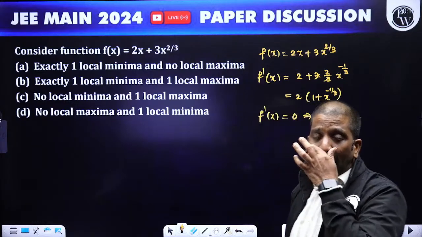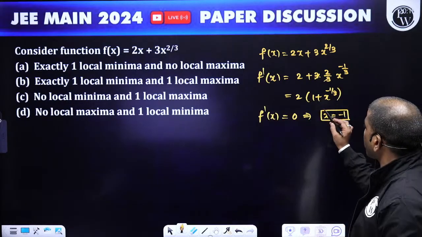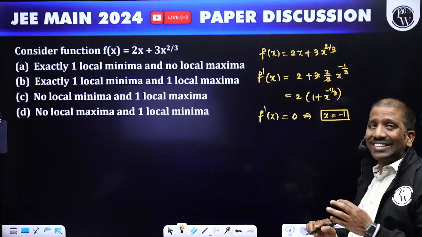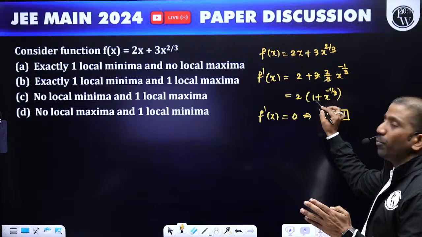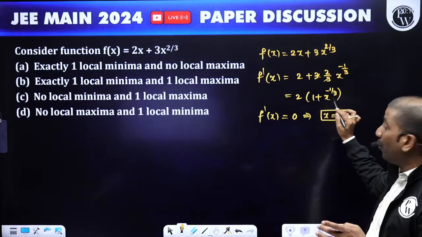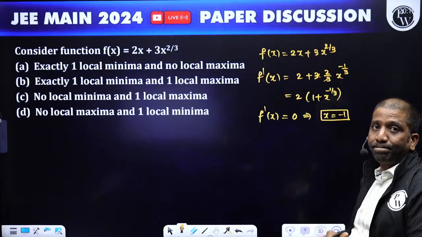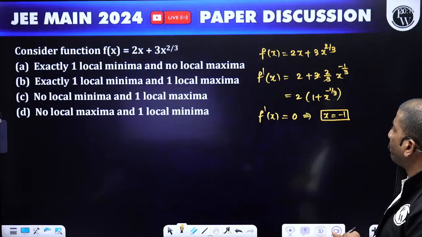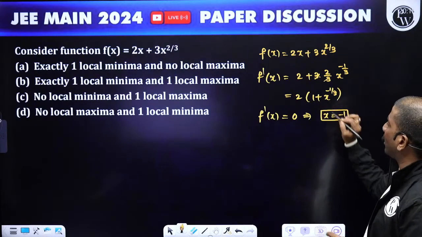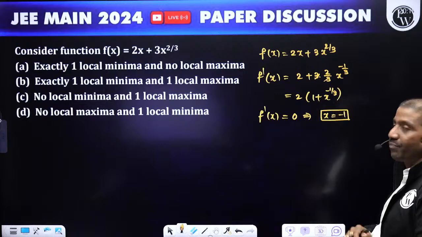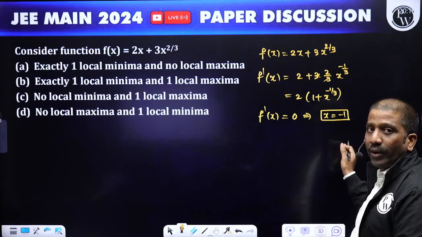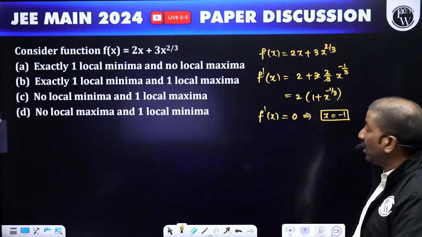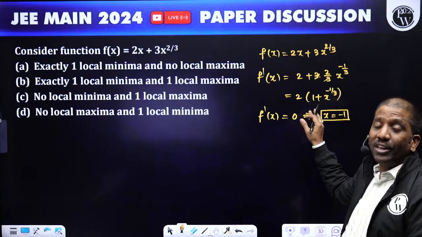In order to decide the maxima or minima, when x is less than minus 1, it will be negative. When x is equal to minus 1, this is 0. When x is more than minus 1, it is positive, right?